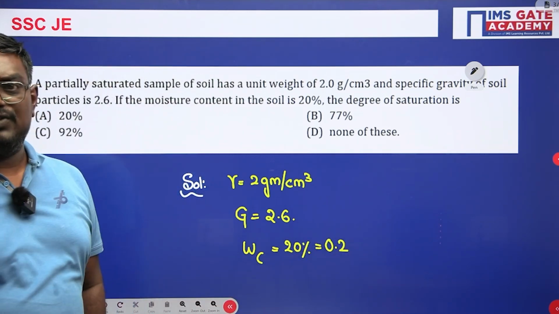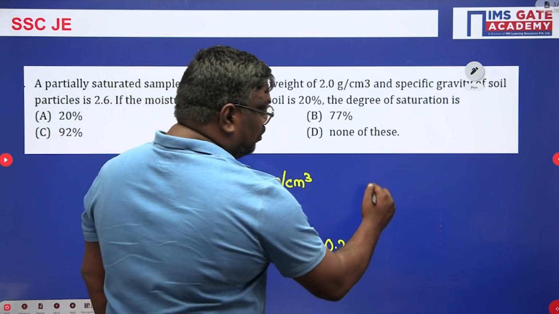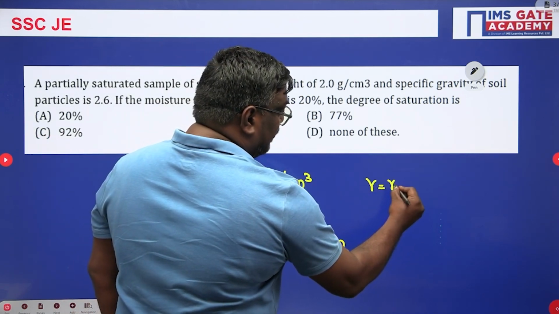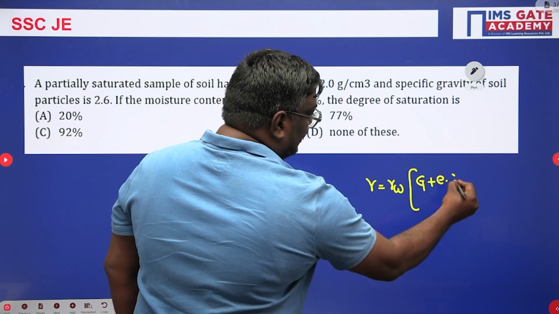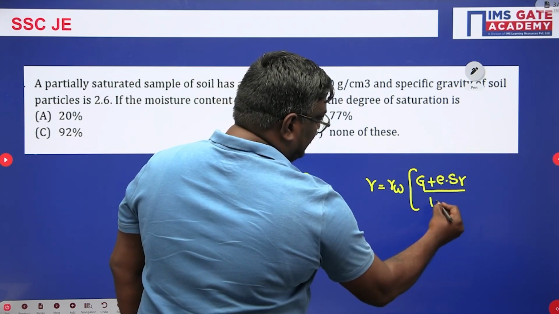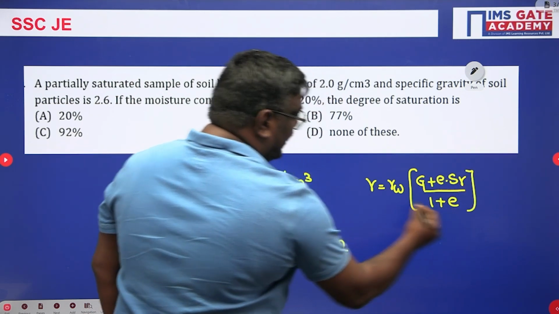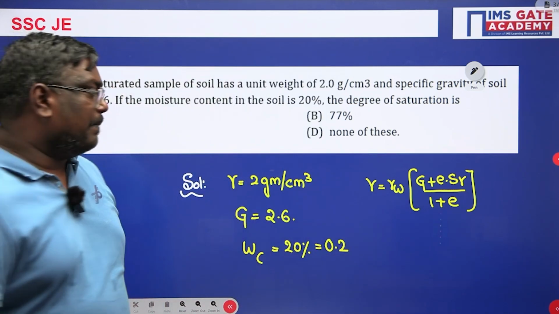Now, see students, we have gamma is equal to gamma W into (G plus E into Sr) upon (1 plus E). The unit weight of water is 1 gram per cc.